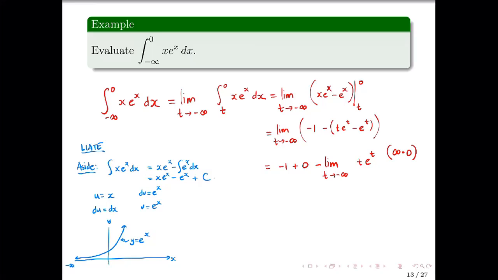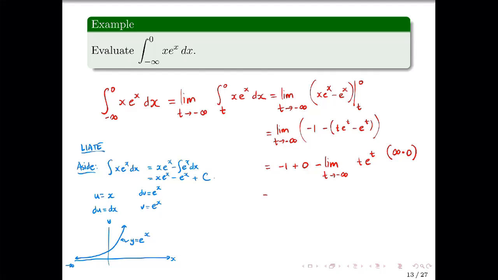If this is an indeterminate form of type infinity times 0, then maybe we can rewrite this expression such that it becomes infinity over infinity or 0 over 0. Does that ring a bell? If we have that, we can use L'Hopital's rule.